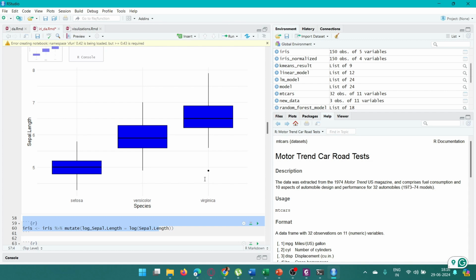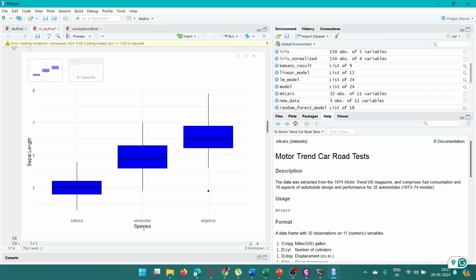That is the interpretation. But in our case, the data distribution of sepal length is different for different species. The Setosa is taking the lowest range of values, versicolor is taking mid-range values, and Virginica is taking the highest values. Because of the different distribution of sepal length values, we can easily classify the flower species type using sepal length. That is what you have to interpret from the box plot.